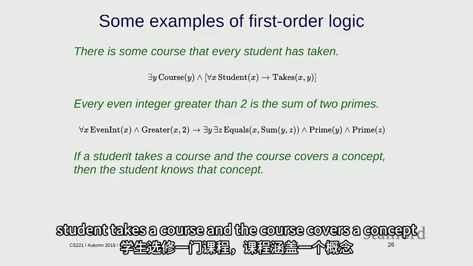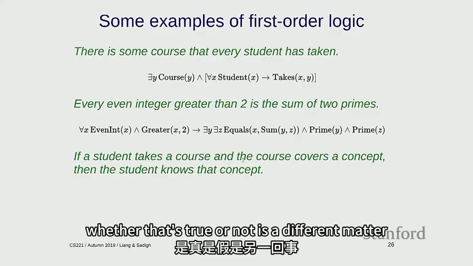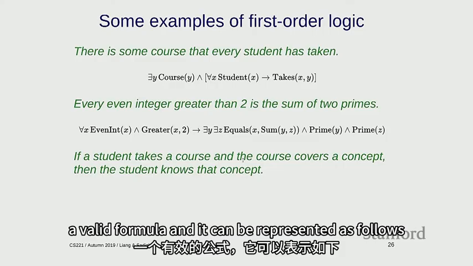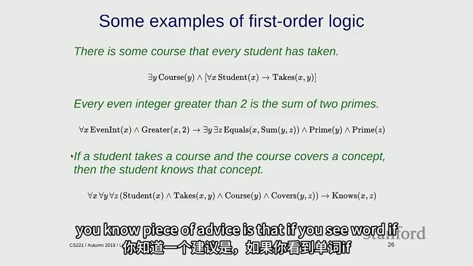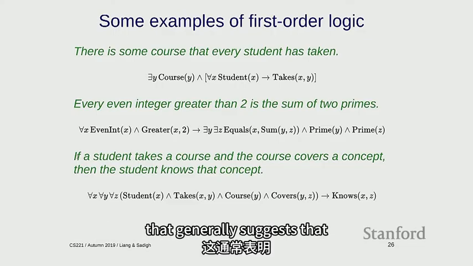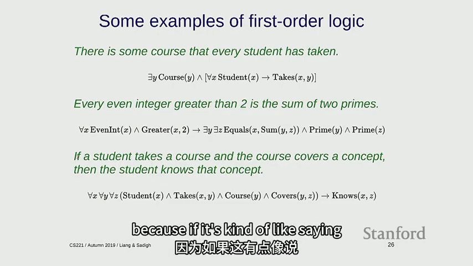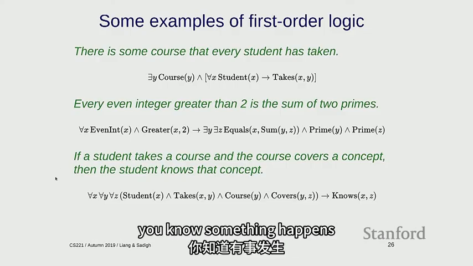And finally, here's a statement. If a student takes a course and the course covers a concept, then the student knows that concept. Whether that's true or not is a different matter, but this is a valid formula, and it can be represented as follows. One other piece of advice is that if you see the word if, that generally suggests that there's a bunch of universal quantifications, because if is like saying there's a general rule, and universal quantification says in general something happens.